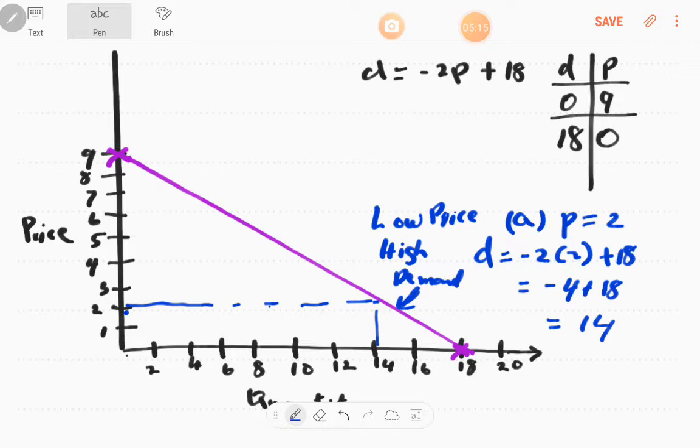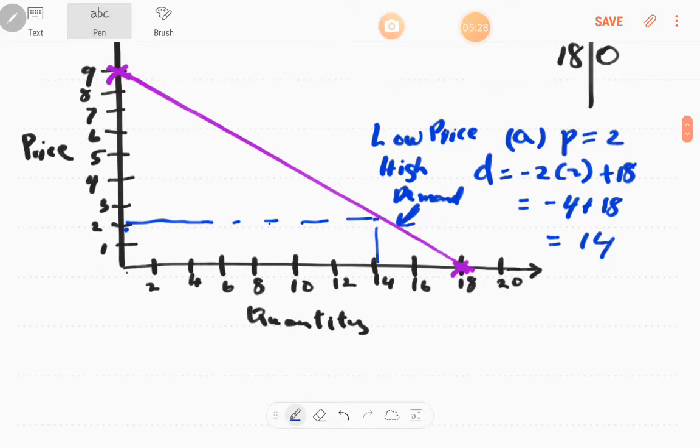Now, what about, say, when the price is high? Let's say the price is 8. Okay, so suppose the price is 8. What would be the quantity demanded?